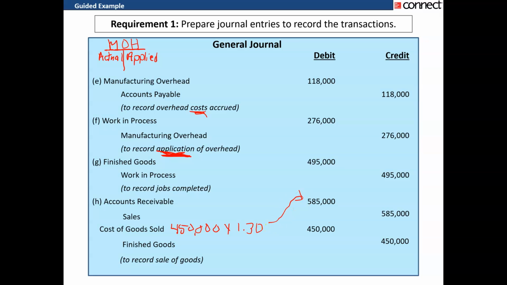If you take $450,000 times 30% or 0.3, you get the portion you need to add to the cost. And then if you add that to the $450,000, you get the $585,000. You can solve that problem in one step by multiplying $450,000 by 1.3 and get to the answer directly.